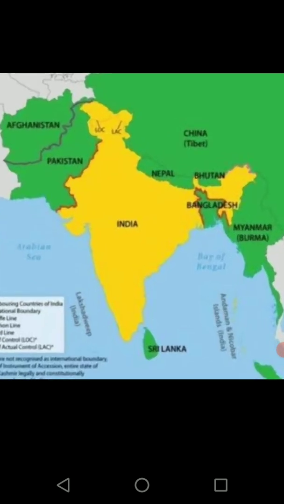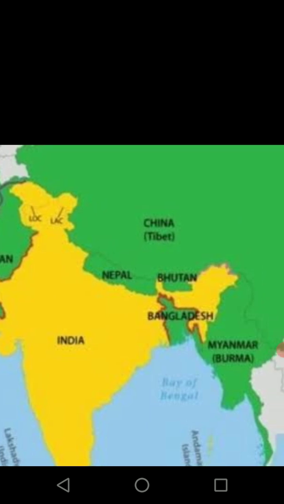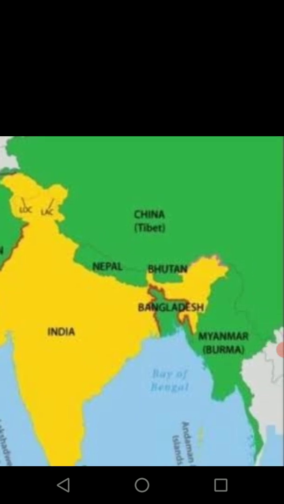At last, we will be studying our neighboring countries also. Let's see our neighboring countries. Towards the north, we have China, Nepal and Bhutan. On the eastern side, we have Bangladesh and Myanmar.